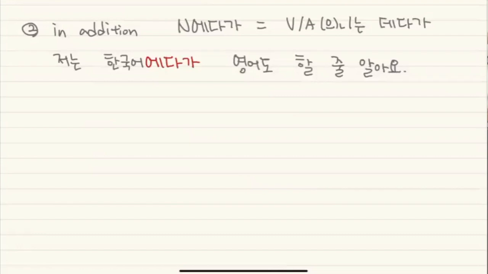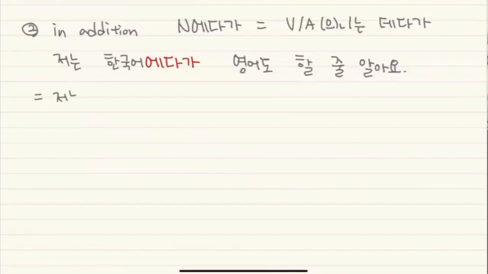So if you want to use it with a noun, you can say 에다가. But if you want to use it with more details for a verb or adjective, you can use 는 데다가. So, for instance, if I change this sentence with the verb, I can say it this way.